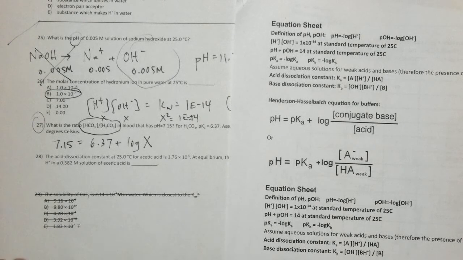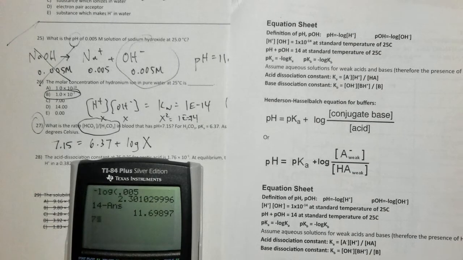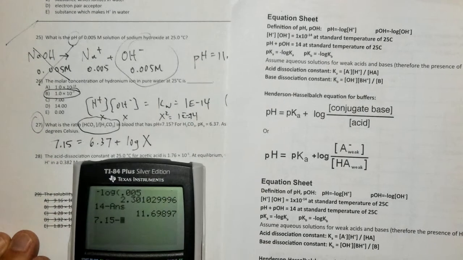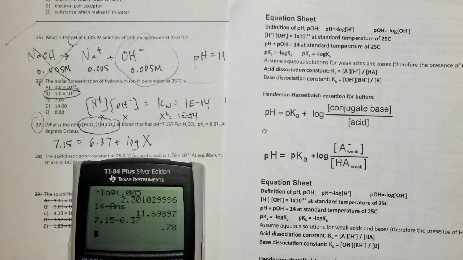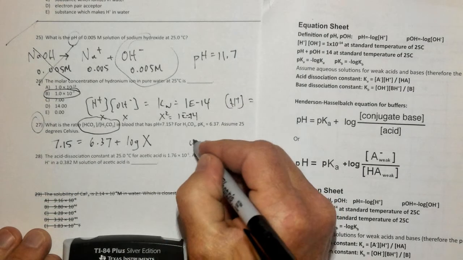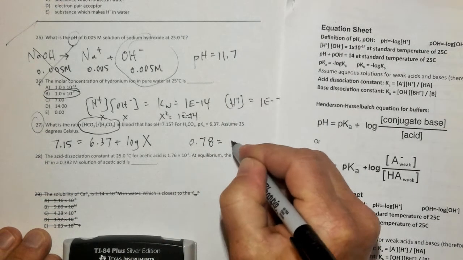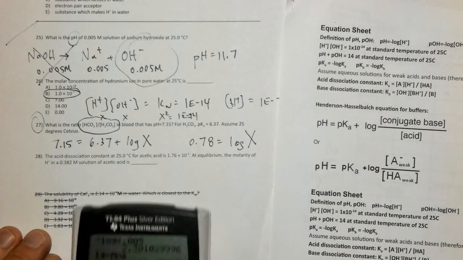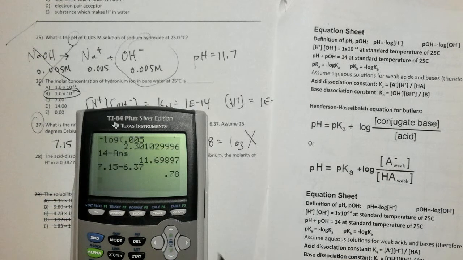So now let's try it on the calculator. 7.15 minus, bringing this to the other side, 6.37. So I have 0.78 now. So 0.78 is equal to the log of the ratio that I'm interested in. So to undo the log, we need the 10 to the x key.